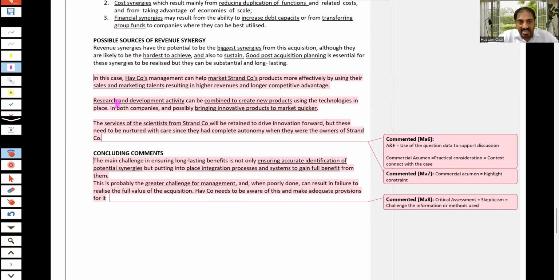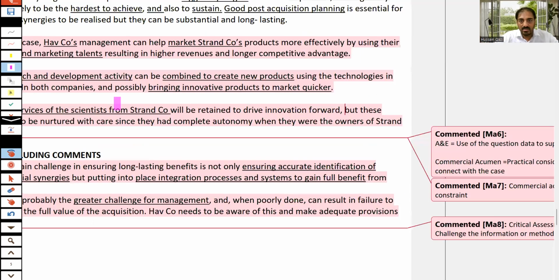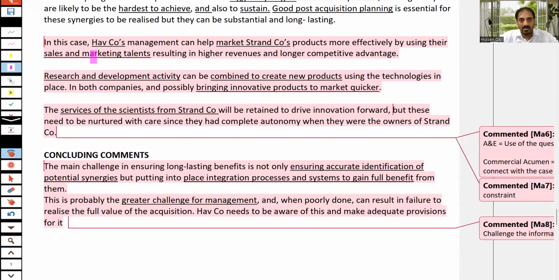Revenue, research and development. Research and development activity can be combined to create new products using technologies in place in both companies, because both companies have research and development.